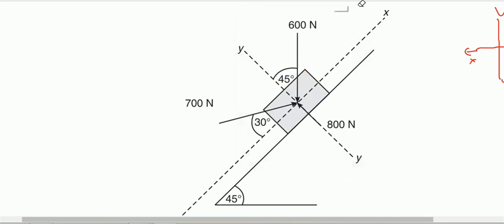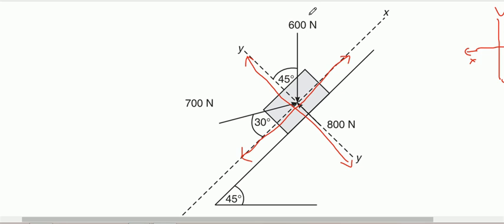Now you can see here, this is your x-axis and this is your y-axis. With respect to this x and y axis, now you need to consider the forces. Clear? So instead of the natural, you have to consider the given coordinate.